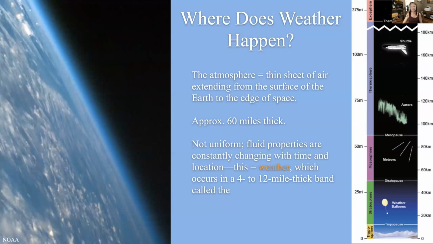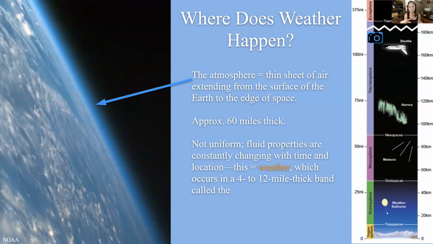But back to weather, because that's what this is about. So where does weather happen? In the atmosphere. And the atmosphere is this thin sheet of air extending from the surface of the Earth to the edge of space. And it's about 60 miles thick. And in this photo, which was taken from the space shuttle, it's that blue band. And it's not uniform.